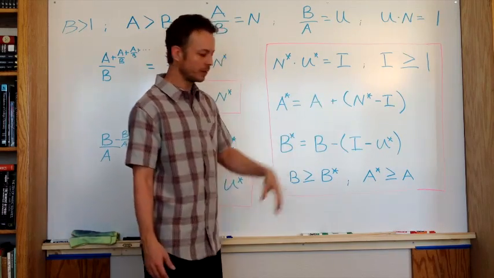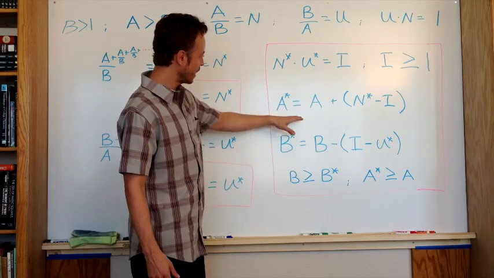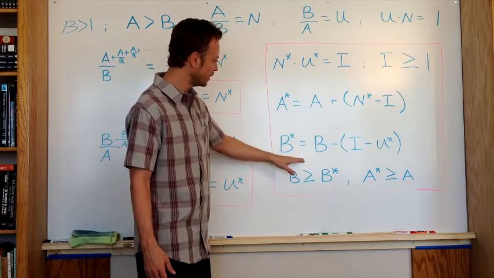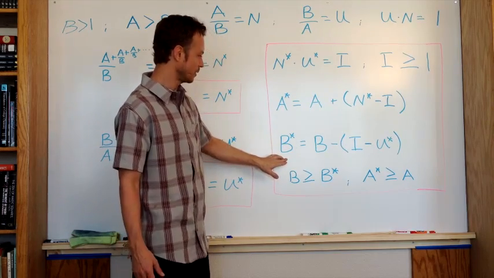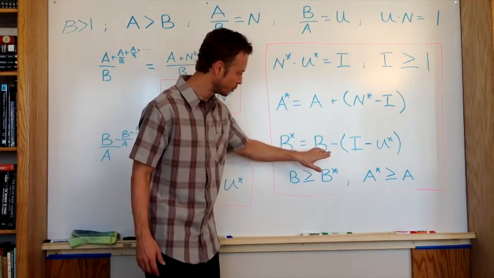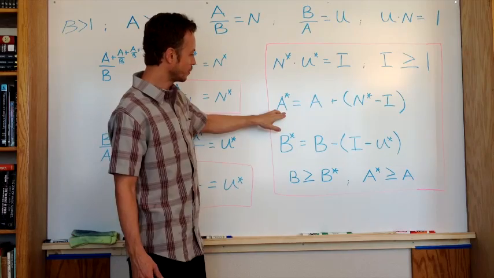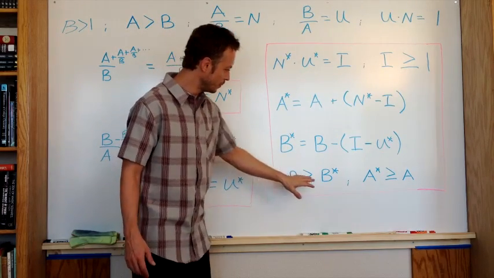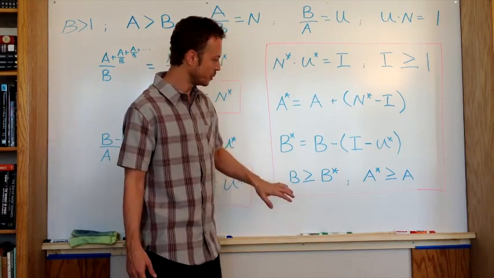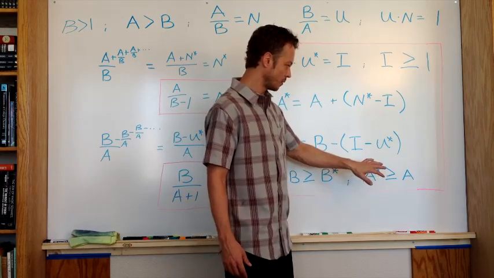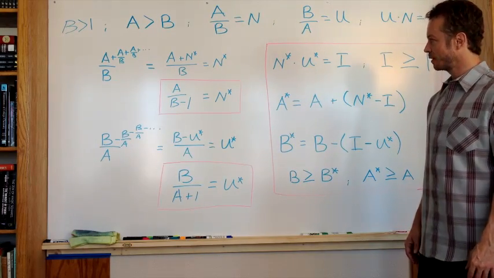Again, remember there are two present moments, one relative to A and one relative to B. When A is in the present relative to A, B is in the past relative to A. Then as B progresses into the present relative to B, A has progressed into the future relative to B. So the modified B is less than or equal to B, and the modified A is greater than or equal to A. This more or less covers the basic Existics equations.